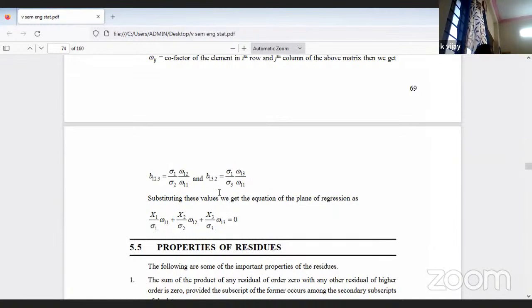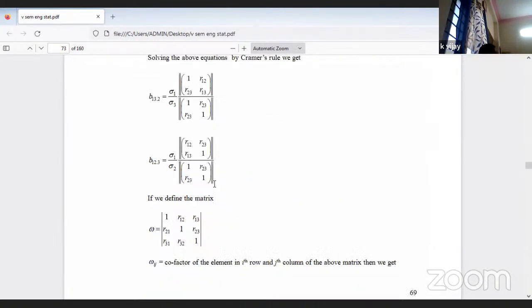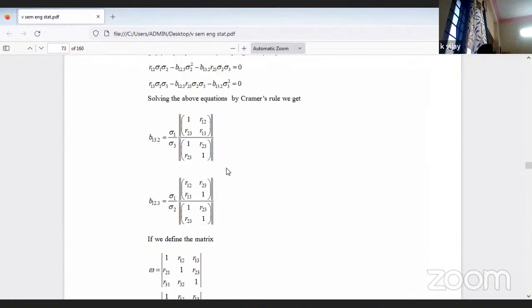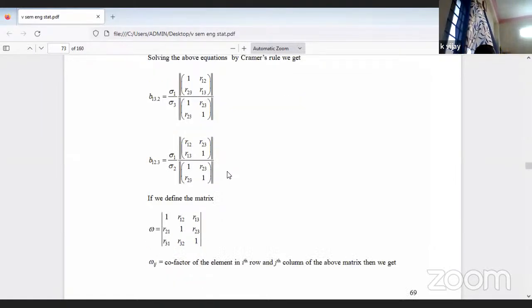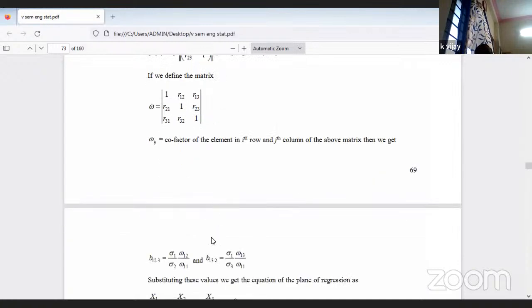So what is omega 12 by omega 11? Tell me. Anyone please? What is omega 12?